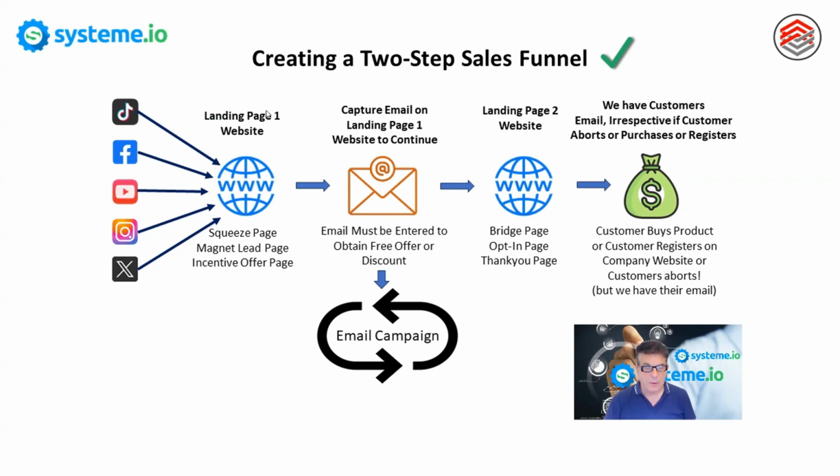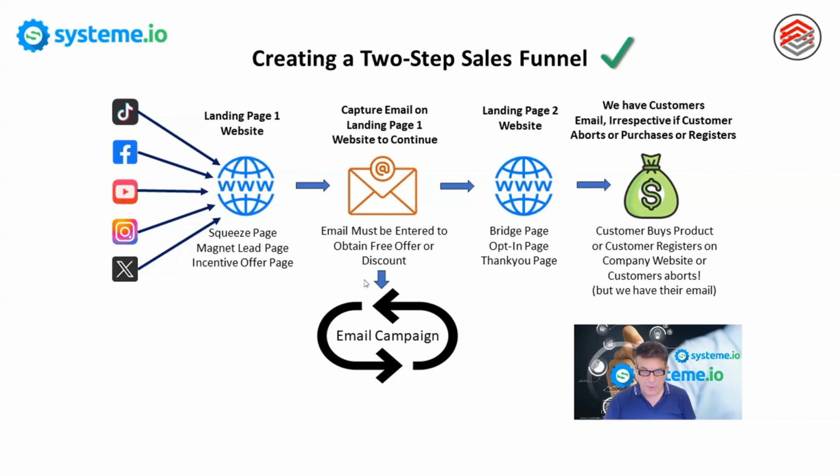We saw the ability of creating a squeeze page, magnet lead page that has an offer too good to refuse, enabling the potential customer to put in his email. The email is captured, and we go on to the bridge page where the client or customer can make his purchase. Now that we've collected all these emails and we've built an email campaign, we have to join the funnel to the email campaign using a Systeme free trial automation rule.